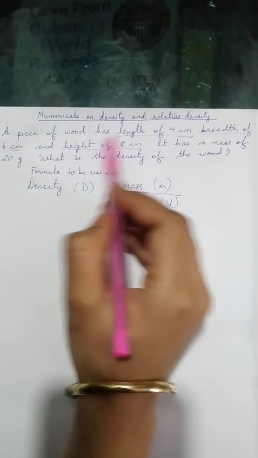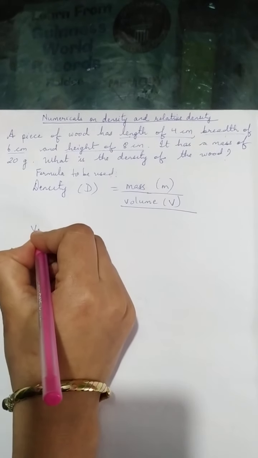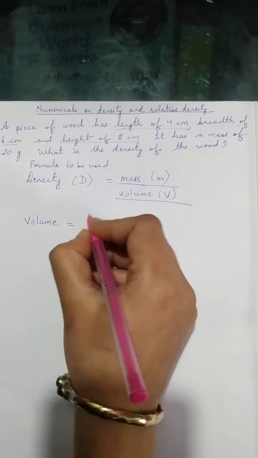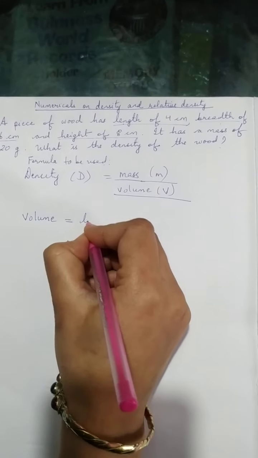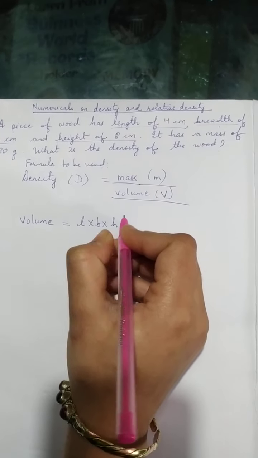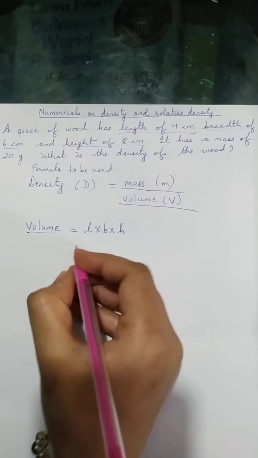We are going to use these three to find the volume. Let us find the volume. If it is a piece of wood, the volume will be equal to length into breadth into height. Why are we calculating the volume? So that we can apply this in the formula for density.